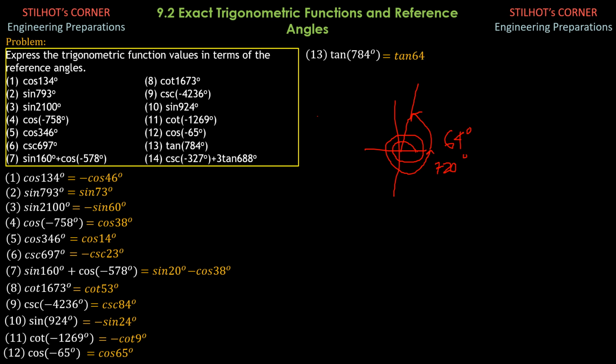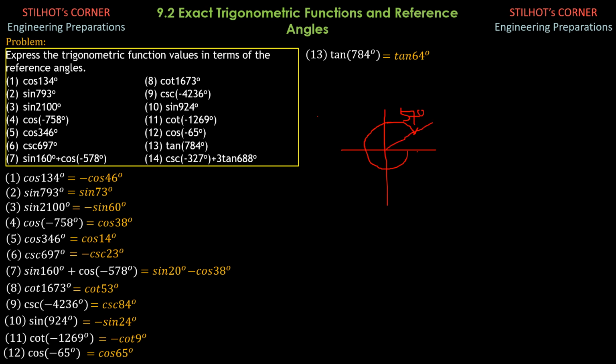Then number 14, cosecant of negative 327. Let's consider negative 327 first. Negative 327, negative 270 plus 57. So this is 57 degrees from the y-axis.